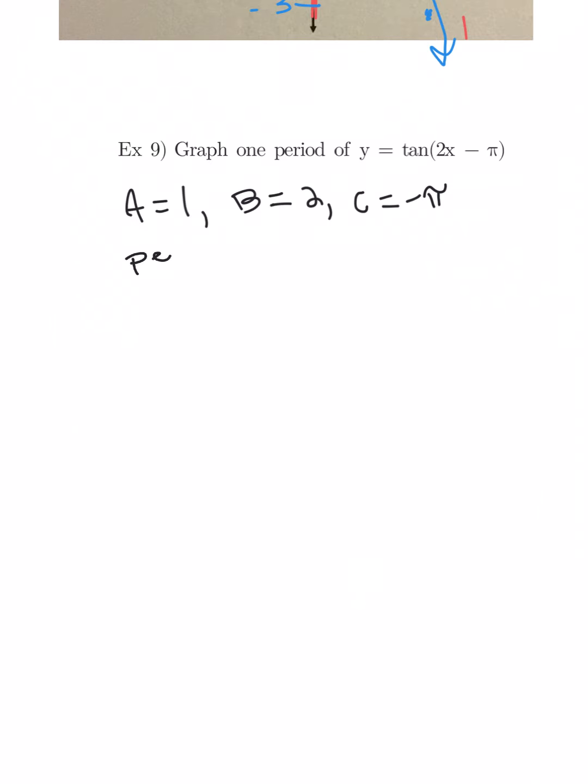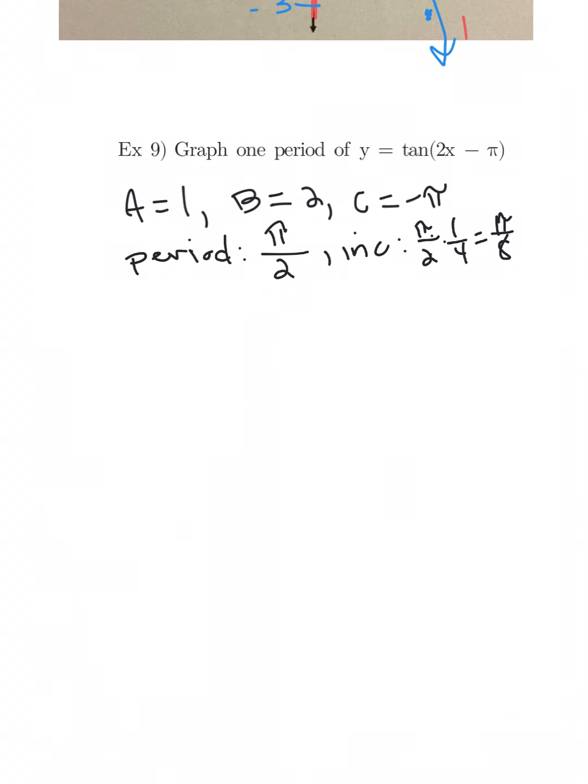Period: because this is a tangent function, we take standard length of pi divided by b, so our period is pi over 2. Our increments will be pi over 2 times 1/4, which is pi over 8.